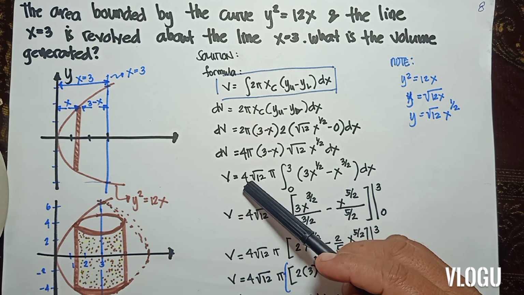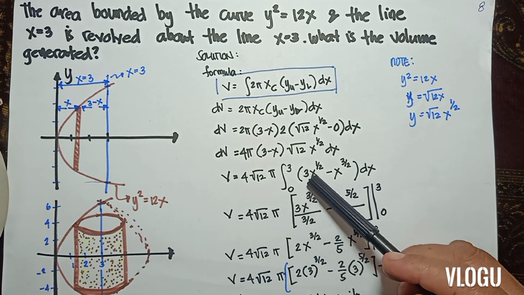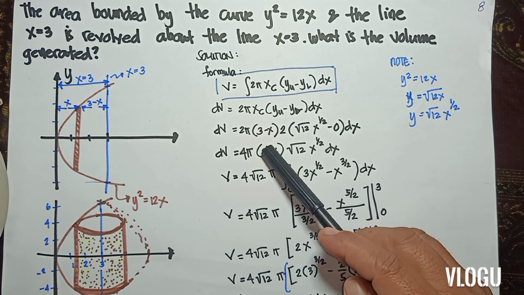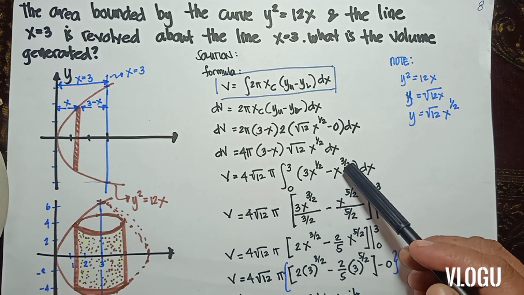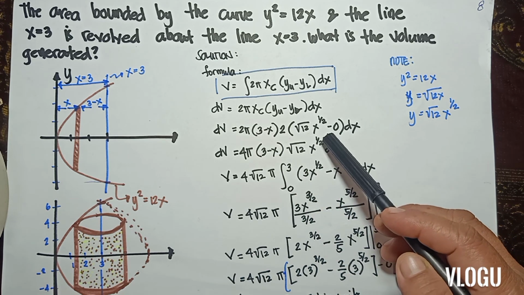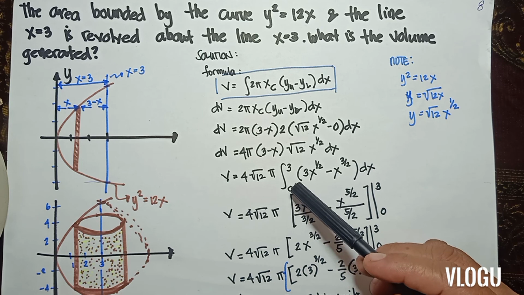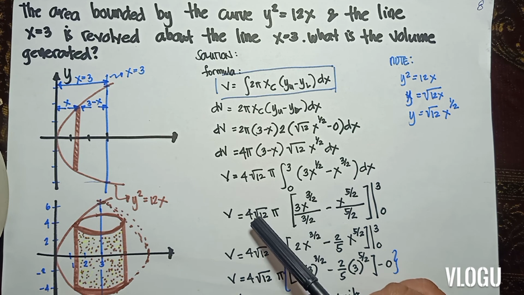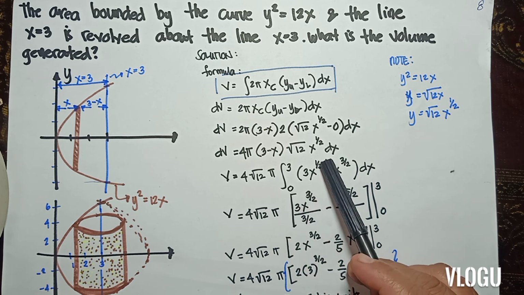So v is equal to 4 times the square root of 12 pi, the integral of 3x raised to 1/2 minus x raised to 3/2, multiplying x raised to 1/2 inside.